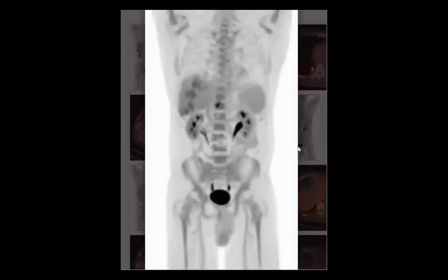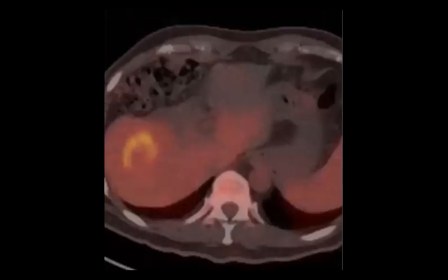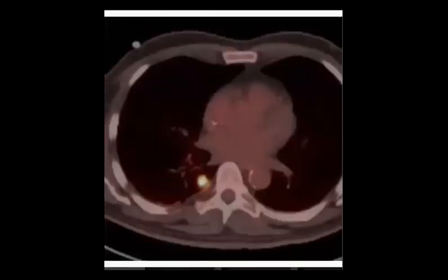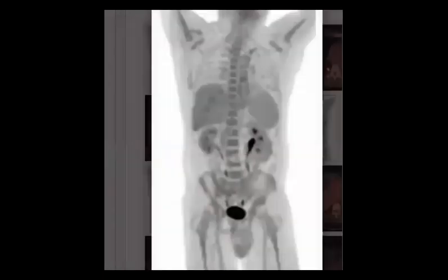So in the liver, you can see this lesion. In the lung, you can see this high uptake lesion, which denotes that this patient has a pulmonary nodule. And then you can see that there is a peritoneal lesion with high uptake, like it is peritoneal metastasis as well.